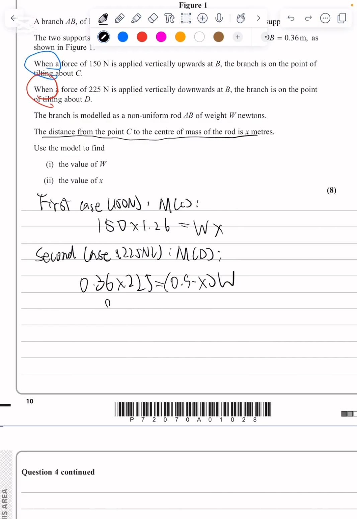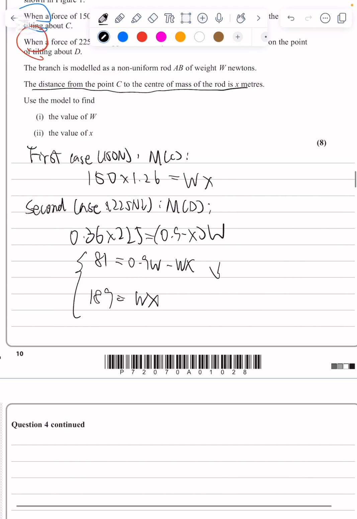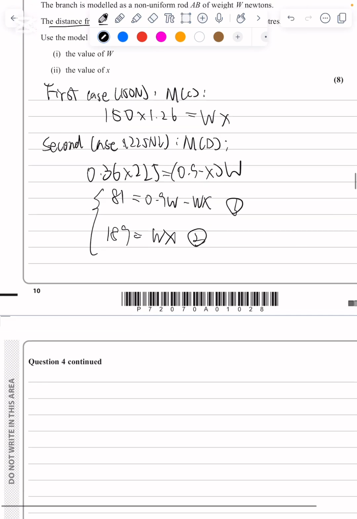This is 81 equals 0.9W minus Wx, and then 189 equals Wx. Let's give them names, 1 and 2.